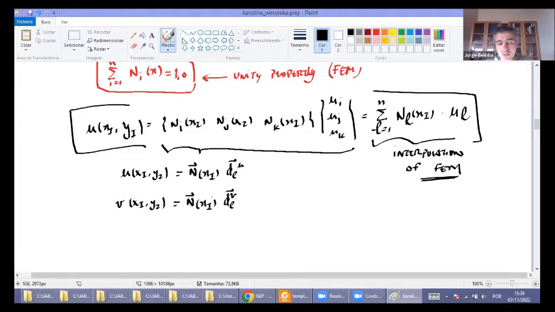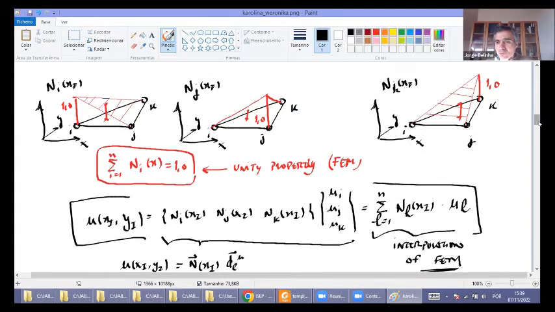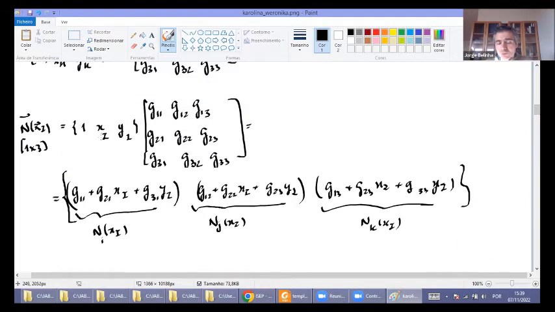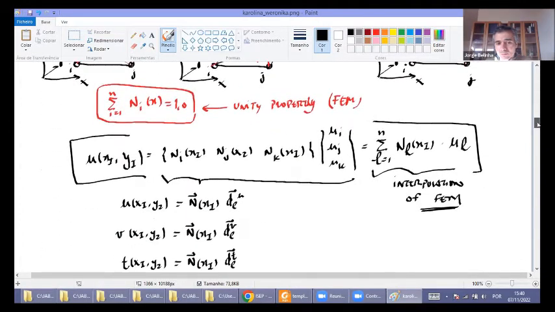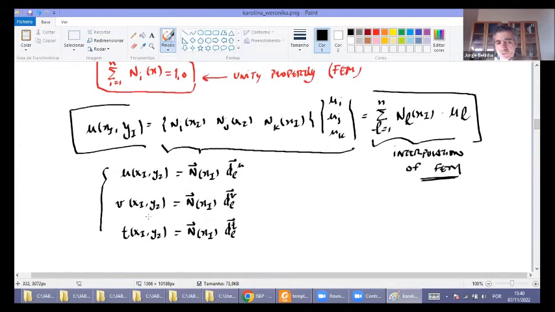You change it for the temperature here, and you have to read the temperature on each node. Notice that this N only depends on the position of the node that you are reading and the position of the other nodes. See that this was obtained based on the coordinates of each node. So it is the same regardless of the degree of freedom that you are analyzing. It does not depend on the degree of freedom.